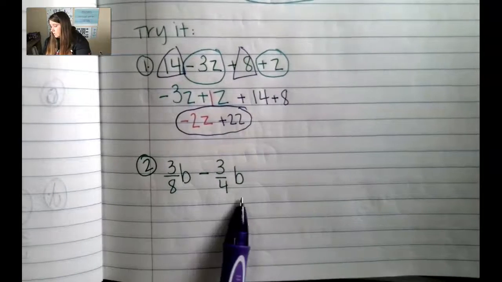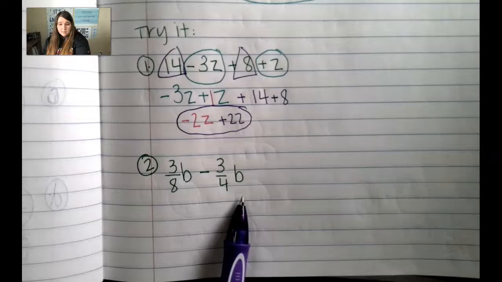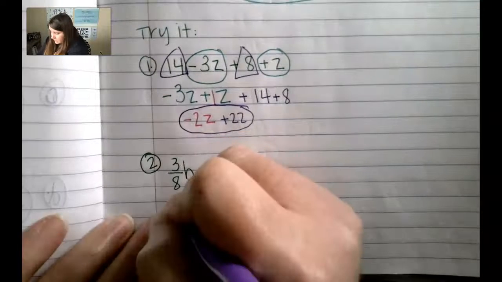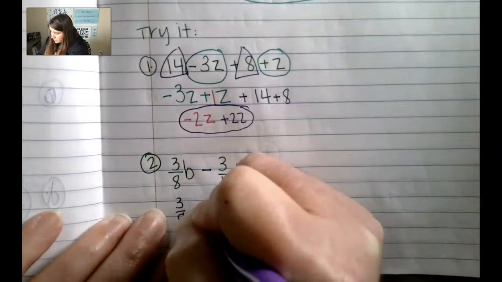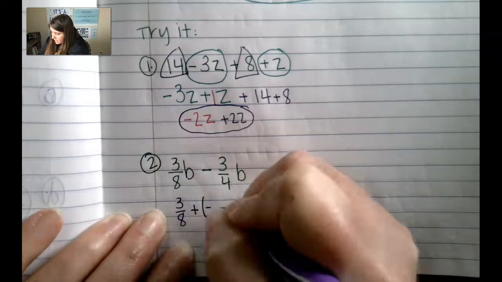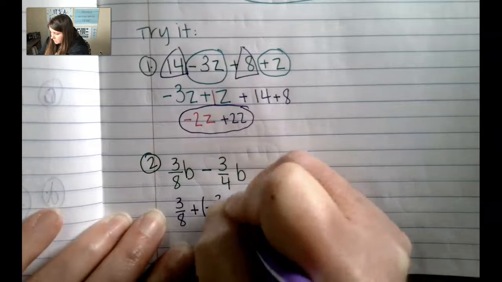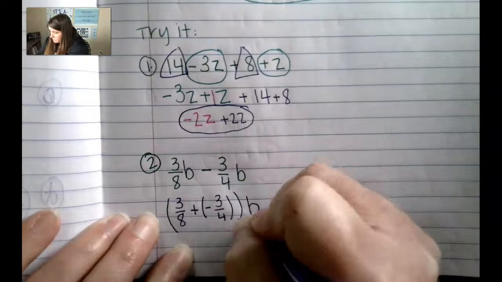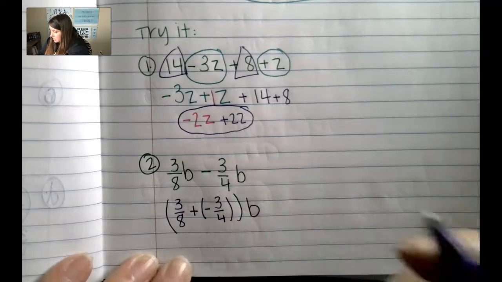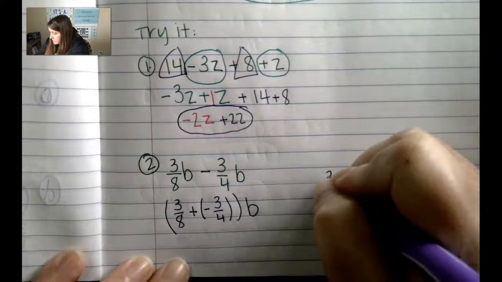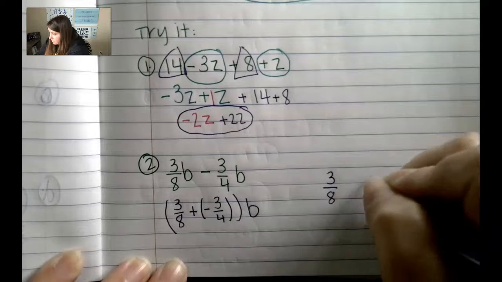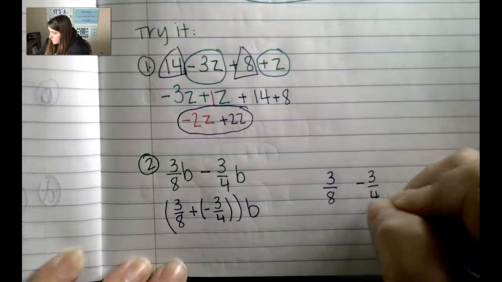All right, these two both have a b. And there's no other numbers here that we need to worry about. So I'm just going to take this 3/8 and I'm going to subtract it from, or add a negative 3/4 to the b. Okay, now we just have to worry about these fractions here. So let's make them have common denominators. So we have 3/8 and we have negative 3/4.